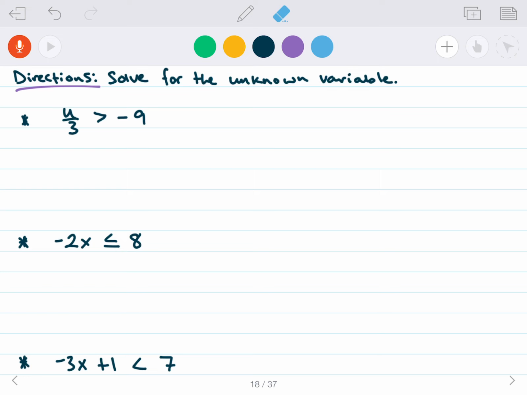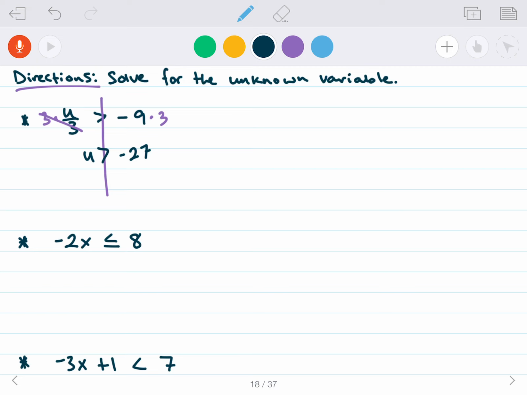Alright, so let's take a look at some examples where we do have to flip the sign. Now, this first example, u divided by 3 is greater than negative 9. Alright, we need to undo division by 3. So what I'm going to do is multiply both sides by 3. And that clears, and I'm left with u is bigger than negative 27. Now notice, I did not flip the sign. I did not need to flip the sign because I just multiplied both sides by a positive 3.